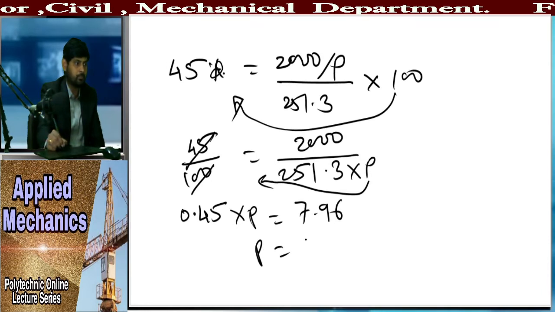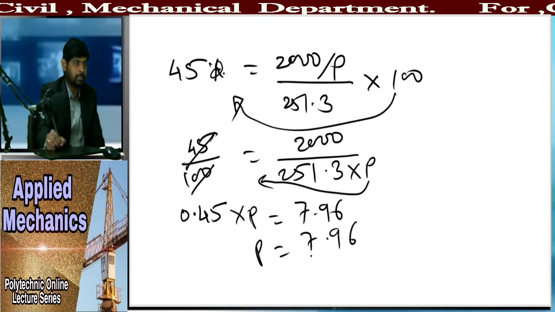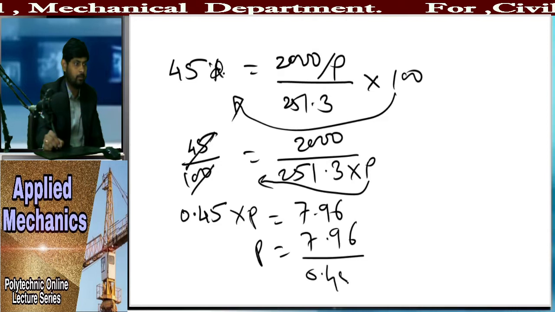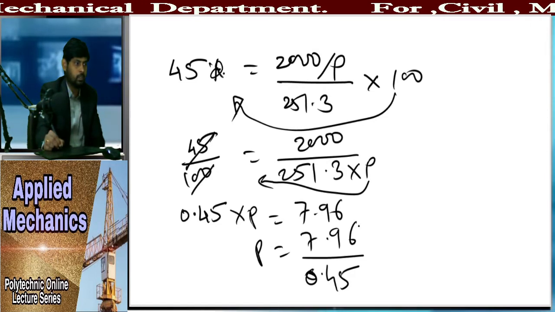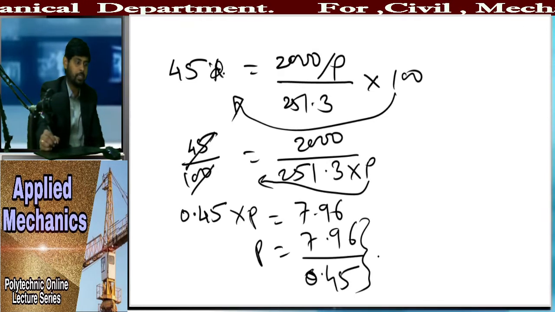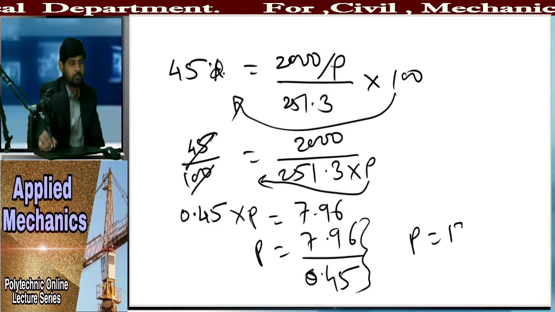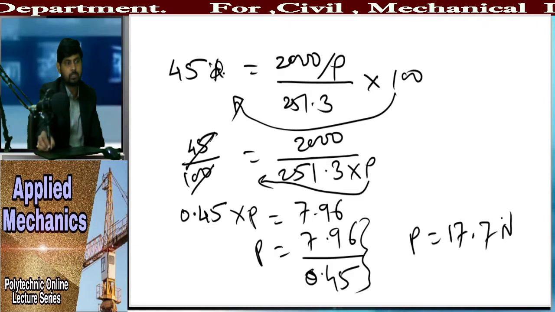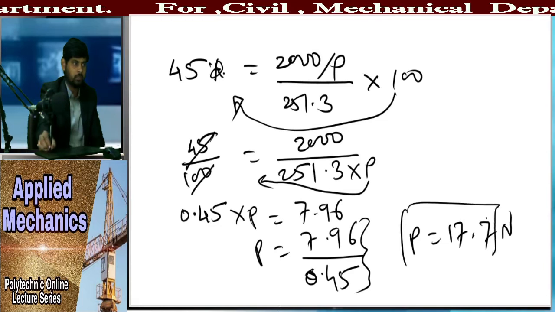Then P is equal to 7.96 divided by 0.45. Do the calculation and you will get P as 17.7 Newton.